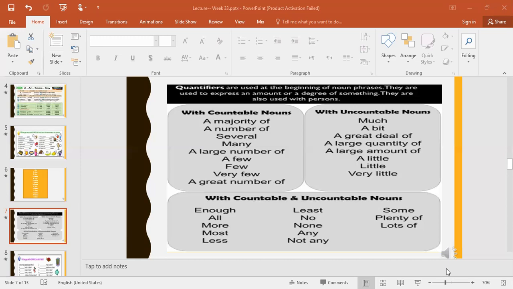And now we are talking about quantifiers, which are used at the beginning of noun phrases to express an amount or degree of something, and they are also used with persons. We talked about quantifiers that are used only with countable nouns, and quantifiers only used with uncountable nouns. And we said that there are common modifiers between countable and uncountable nouns. We can use them in both. Clear?